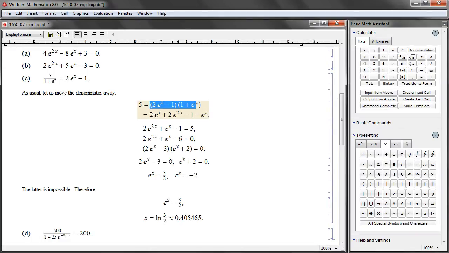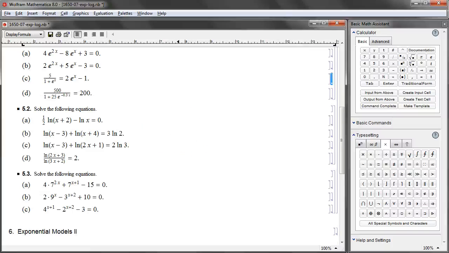And this gives you a quadratic term of exponential. And moving 5 to the other side, we end up with a quadratic equation of an exponential. So we have to do the same thing. In the end, we may have to deal with some extraneous solution. Indeed, we did.